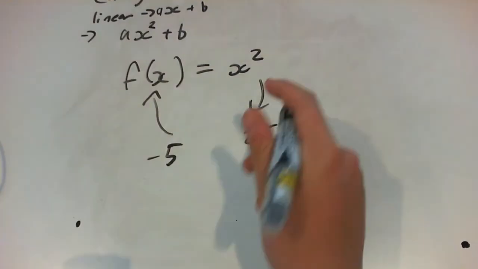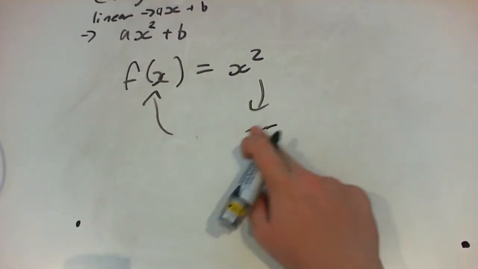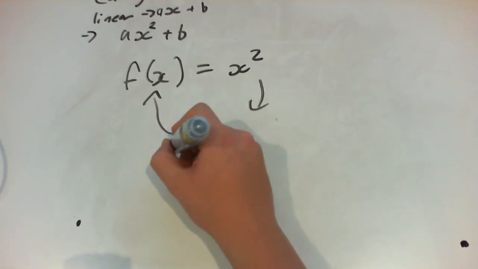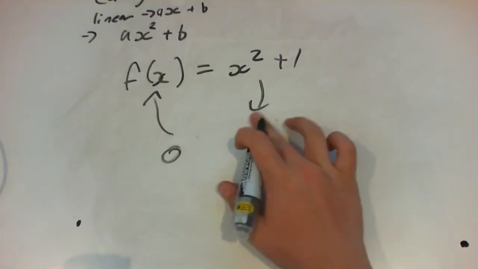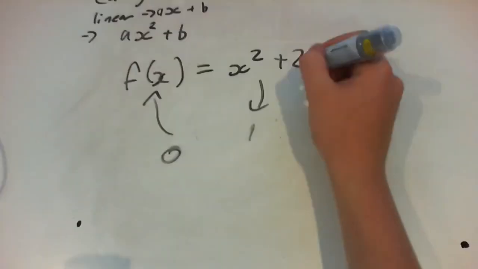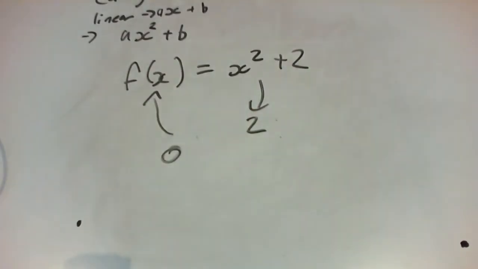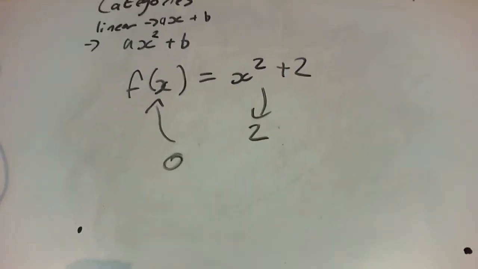What we're asking is, when we throw in 0 here, what answer do we get? And we get 0, but if there's a +1 here, then we get 1. And if there's a 2 here, then we get 2. And that's why B, or the y-intercept, is determined by this number there.